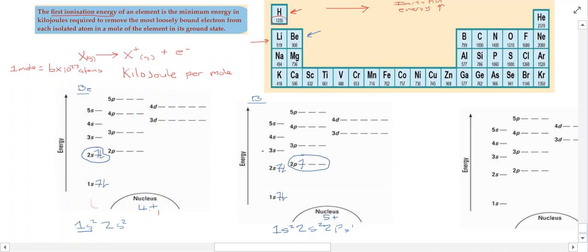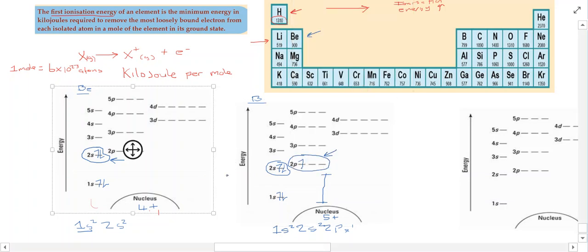So if we take boron, for example, this electron here is going to be much easier to take off than one of these electrons here. The reason being is because it's physically further away from the nucleus. Also, these two electrons here, which are in the lower sub-energy level, are going to exert a force.